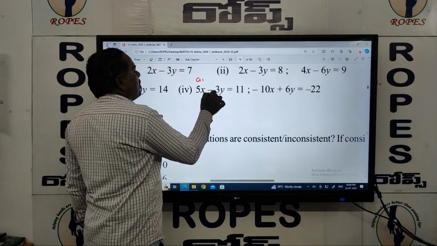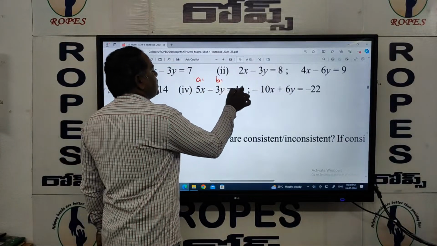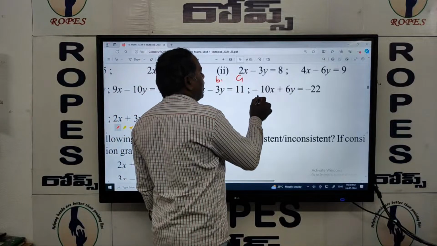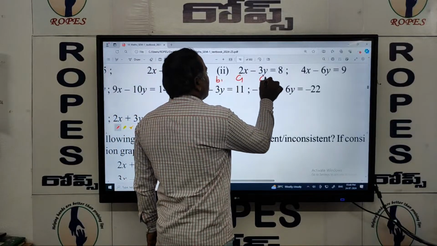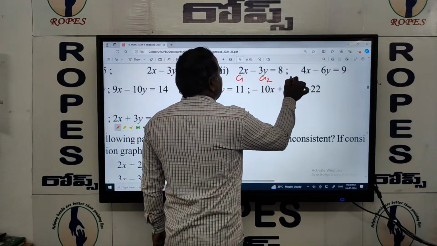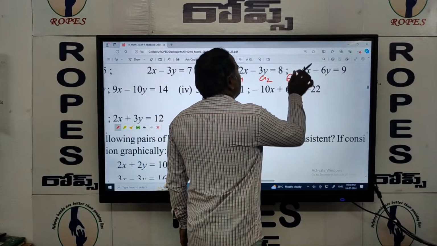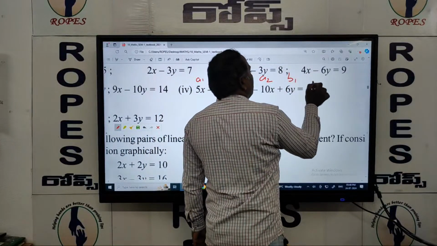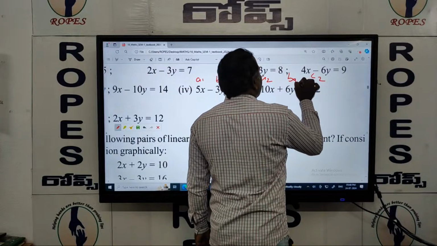A1 is 5, B1 is minus 3, C1 is 11 and A2 is minus 10, B2 is plus 6 and C2 is minus 22.